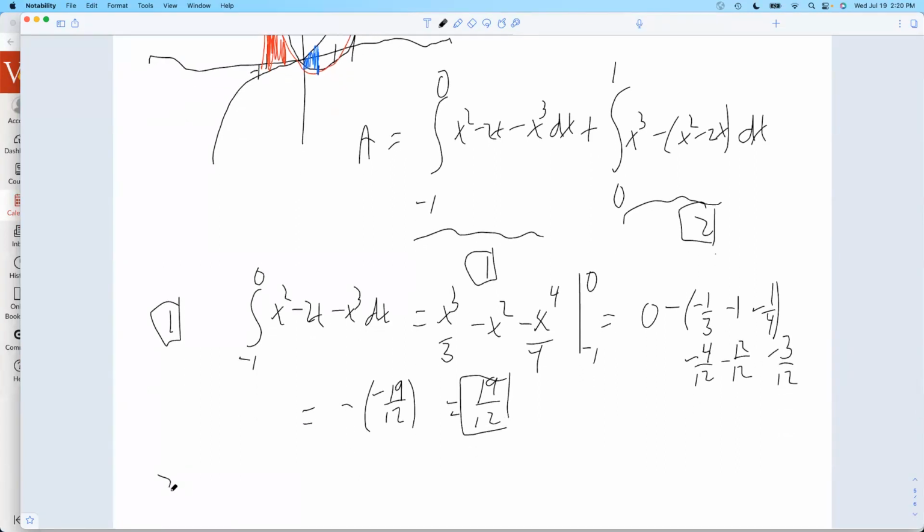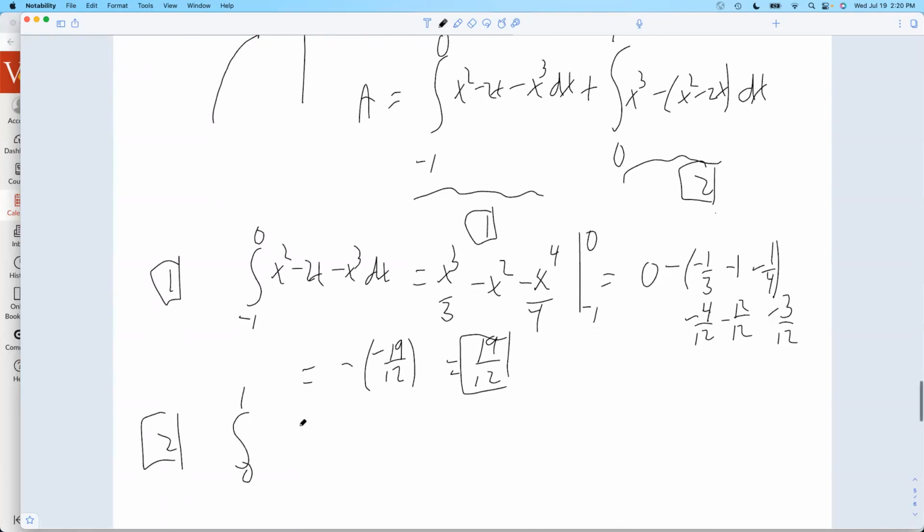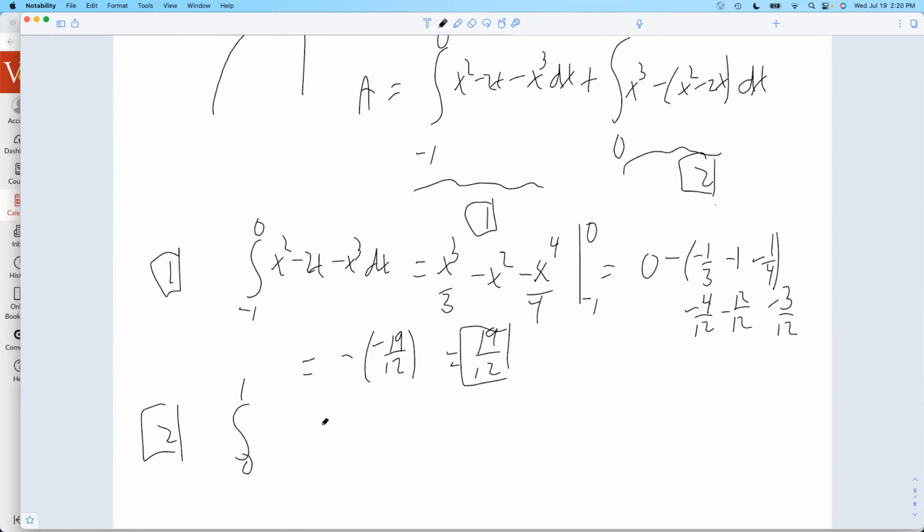All right, now let's do integral number 2. Do each of these separately. You're going to have a lot of similar looking fractions, and it's too easy to get messed up with your negatives. I'm going to go ahead and distribute that negative there. So doing the integral, we'll get x cubed over 3 minus, oh no, I totally lied.